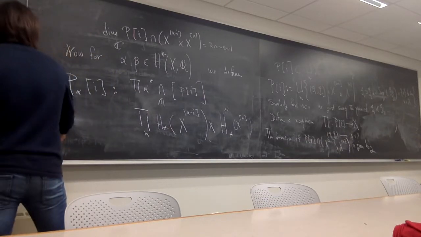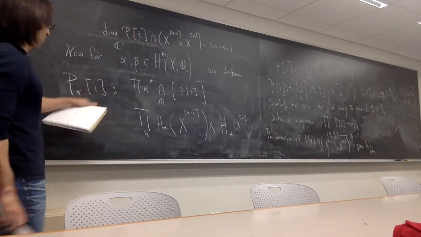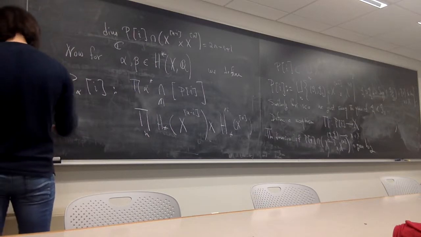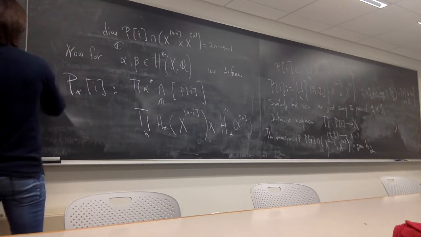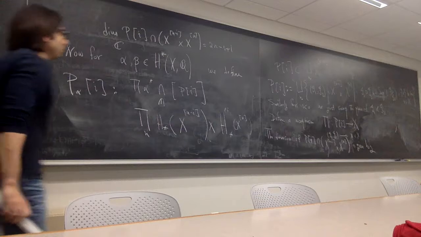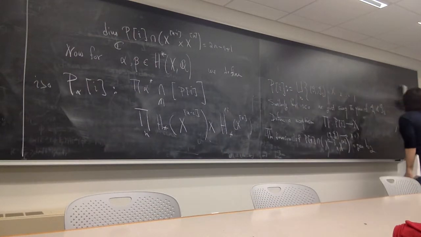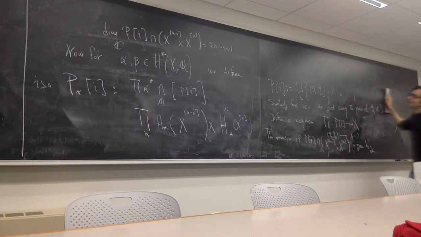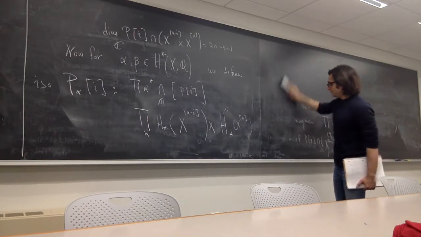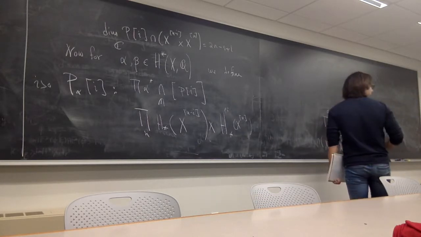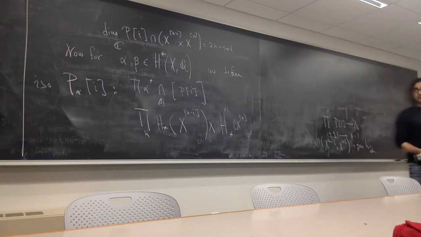And here I'm assuming i is bigger than 0, and I can also define something for negative i. So when you write pi alpha star, you mean pull it back to P_i, right? Okay.